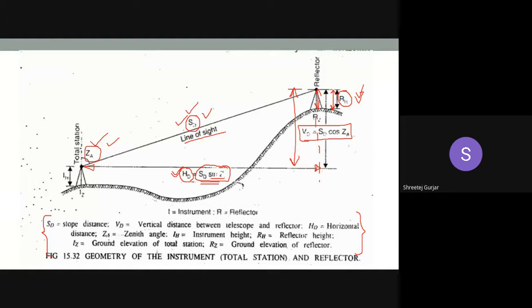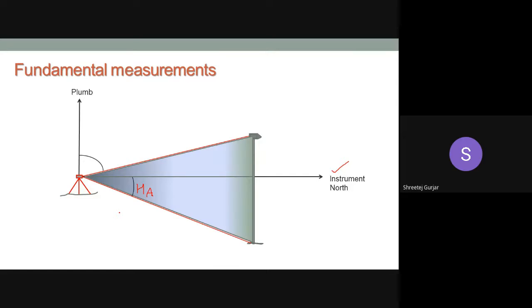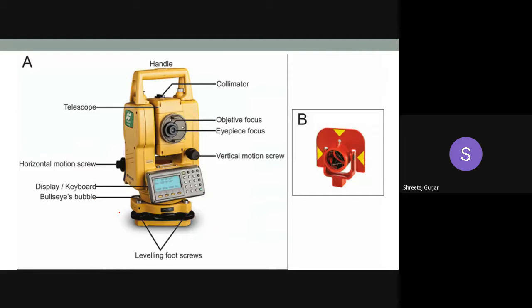Okay, coming to a few other details regarding vertical angle, right? In your total station, there is one thing called the vertical compensator, right? What it will do is take care of the small deviations.